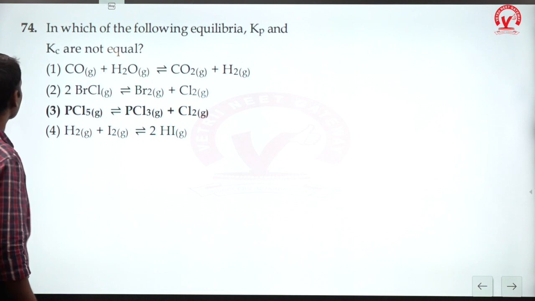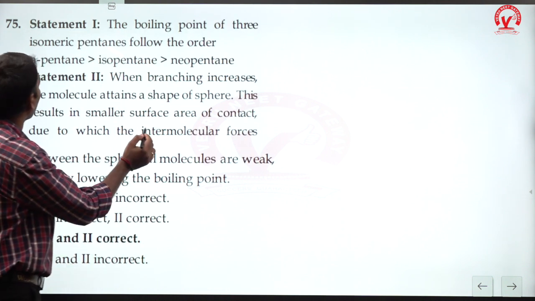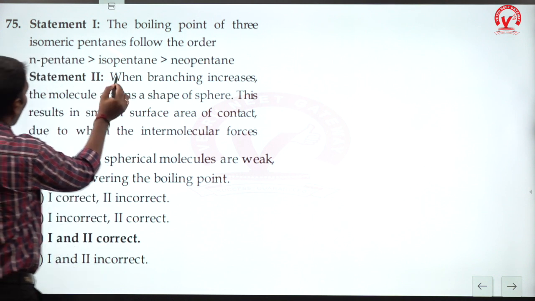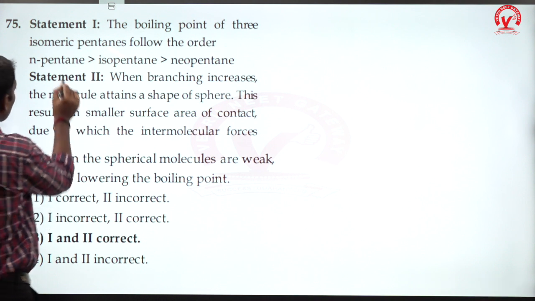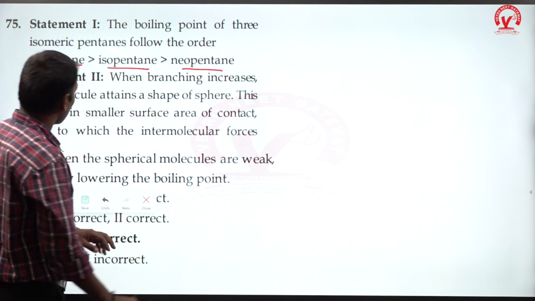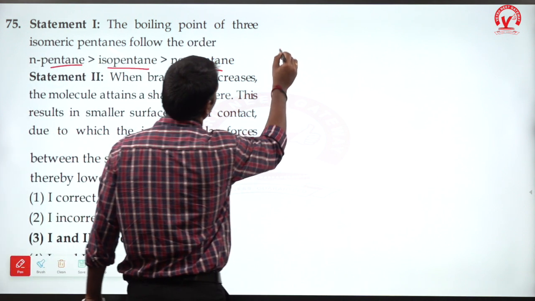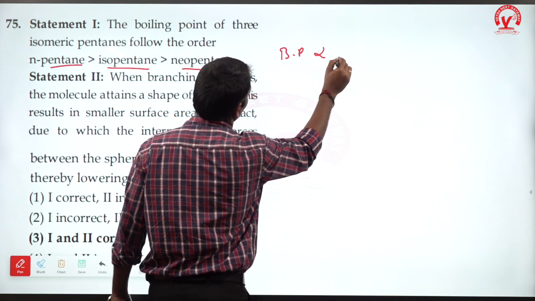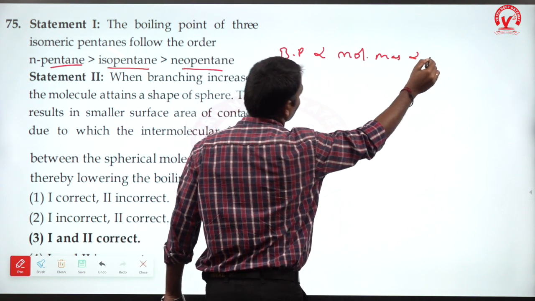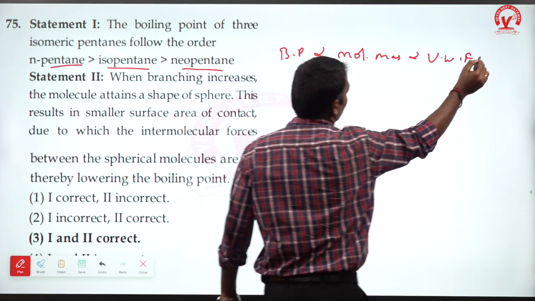Very simple question they asked, question number 75, statement type. The boiling points of 3 isomeric pentanes follow the order n-pentane, isopentane, neopentane. So the molecular formula is the same, just isomeric forms are given here. Actually, boiling point is directly proportional to molecular mass and also directly proportional to van der Waals forces, right?